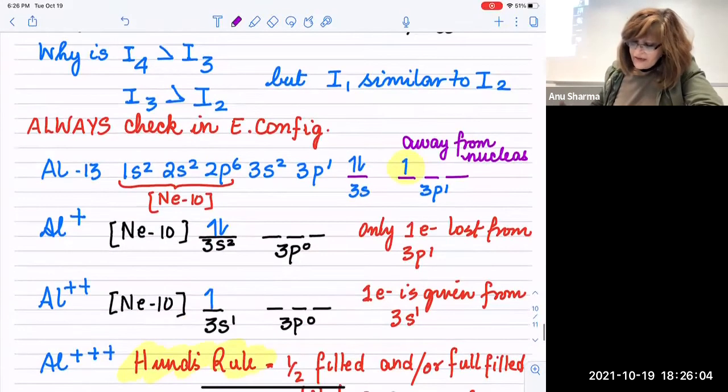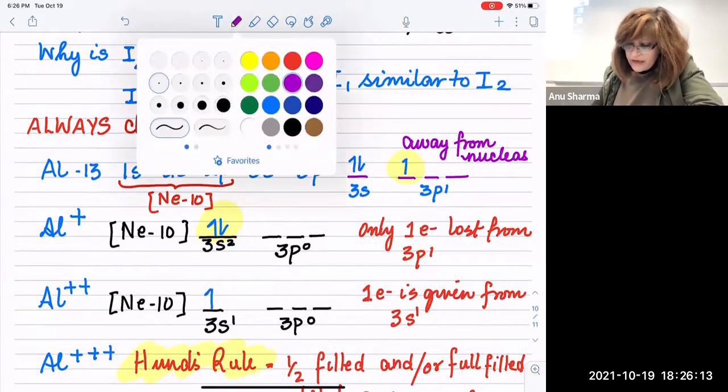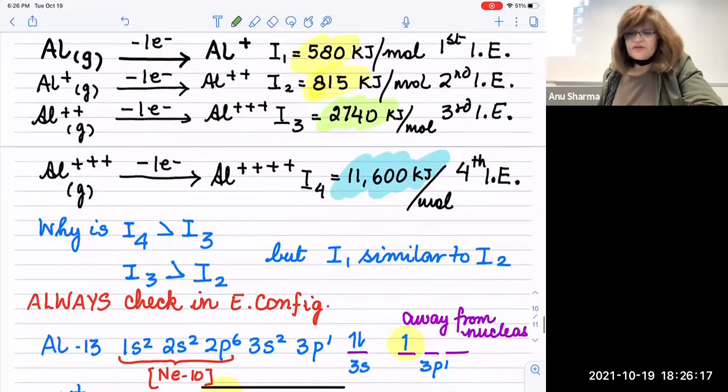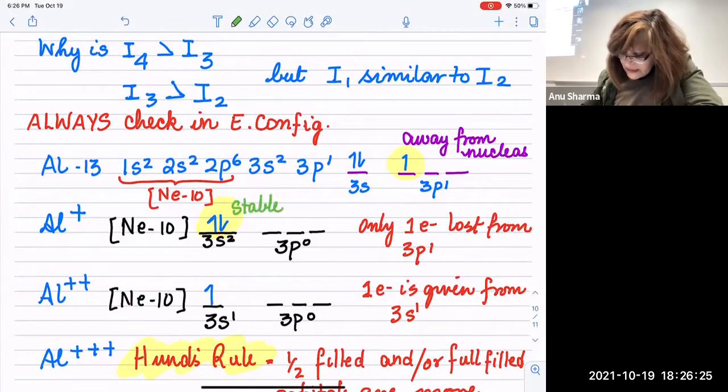After removing that, these two are paired, right? And that is why we had to give a little bit more energy. That is why the same amount of energy, 580, was not given. We needed to add a little bit more energy because comparatively, this is a stable orbital.